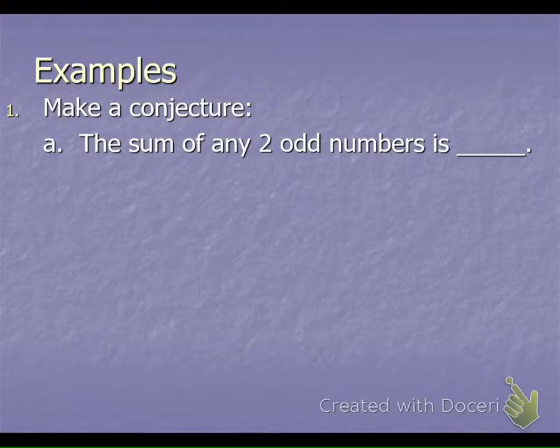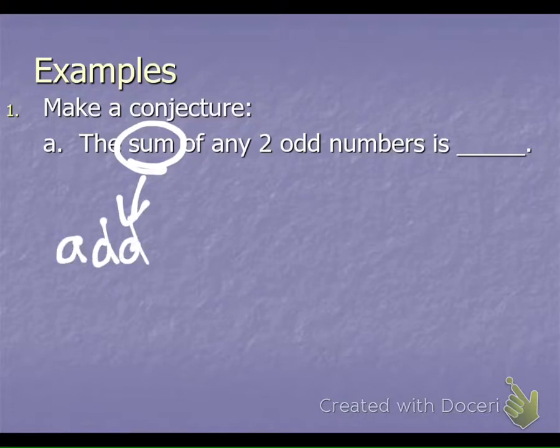All right, so we're going to add some little side notes here. The first one. What does this word mean? Yes. Sum is the answer to an addition problem. So when you see the word sum, not S-O-M-E, S-U-M, sum, that means we're adding, okay?